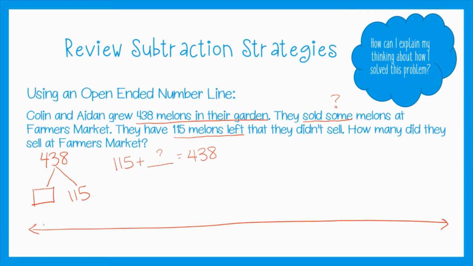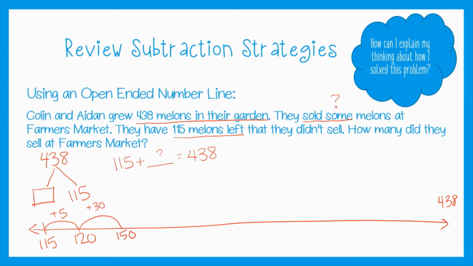So I'm starting at 115, and I need to get to 438. So if I add 5, I can get to 120. And then I can add 30 to get to 150. That's another easy number for me.